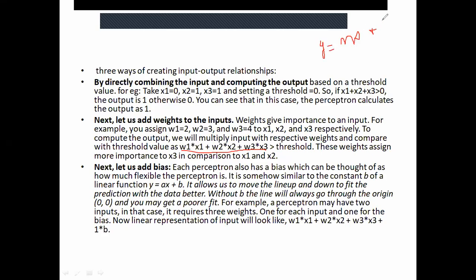This m is your weight actually. Whenever you multiply the weight and take the bias as 0, that means your line, if this is a linear model, passes through the origin.